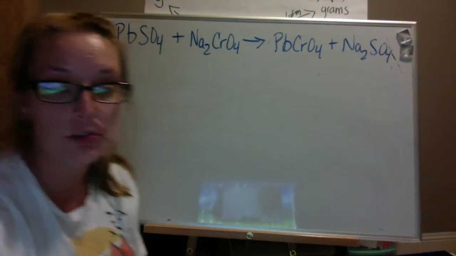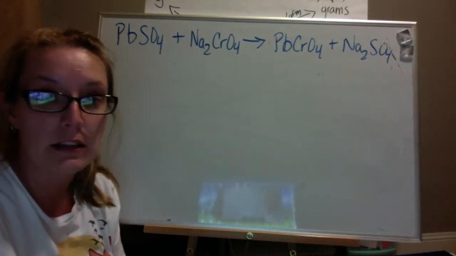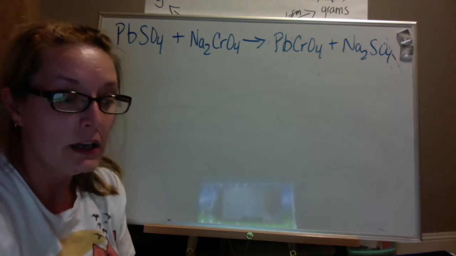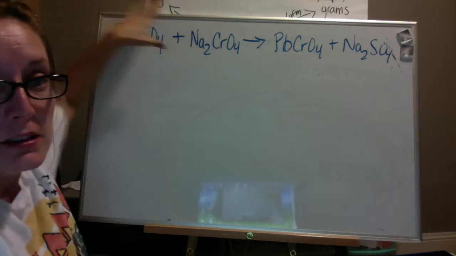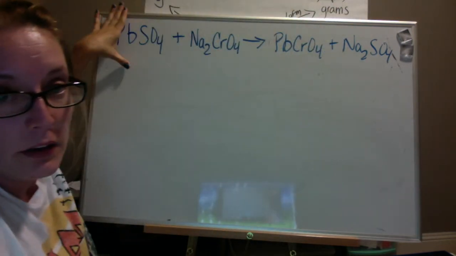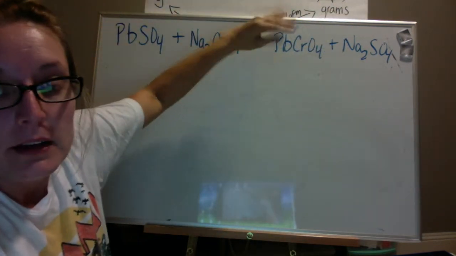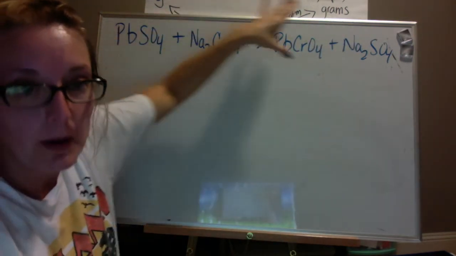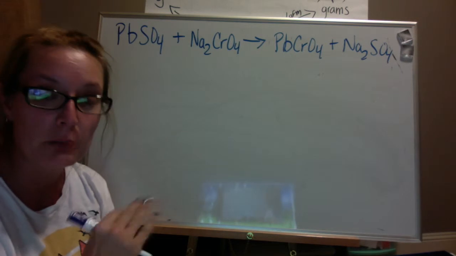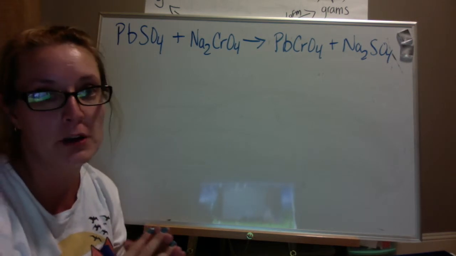And like I said yesterday in class, I want to take the information that I get in my problem and put that within my chemical equation. So basically what I do is I write what I'm given and what I'm asked to find, and then I find the gram formula masses and I put all of that information along with my equation so that when I get ready to plug my numbers in, I have all of my information there.